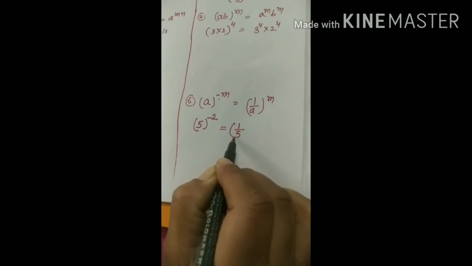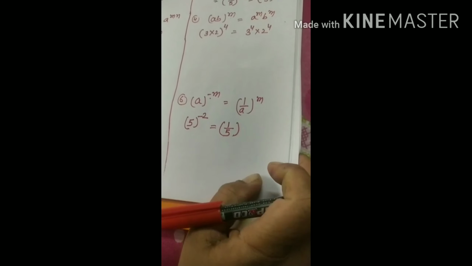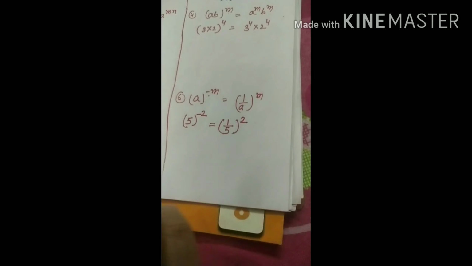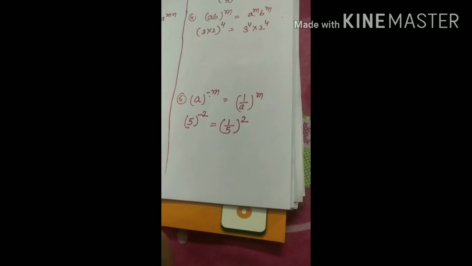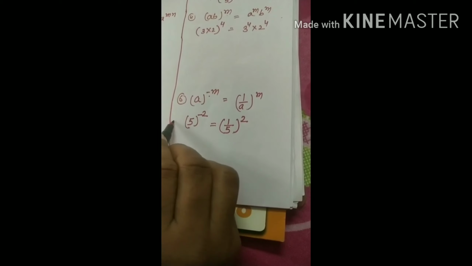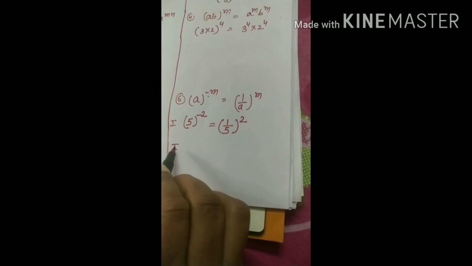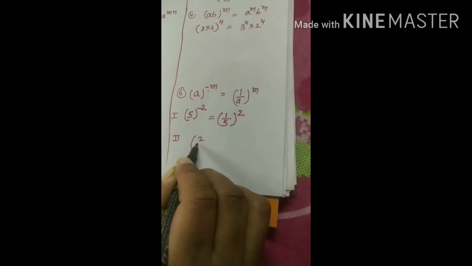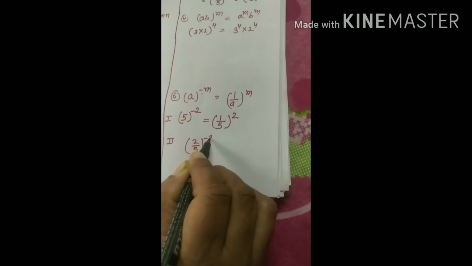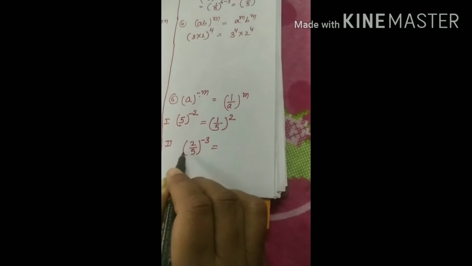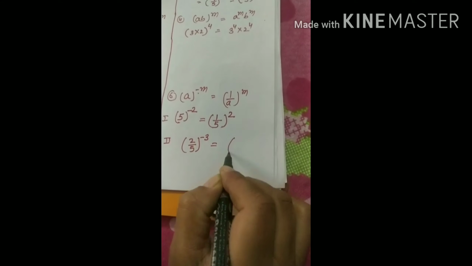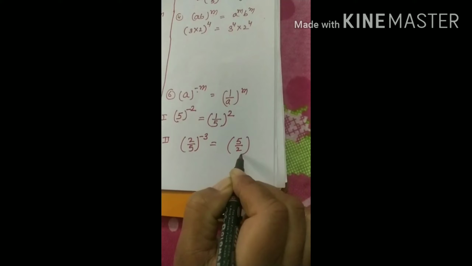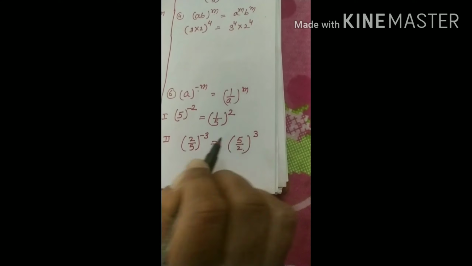So we will take the reciprocal of the base and write its positive power. Similarly, if you are given a rational number like 2 upon 5 power minus 3, we will find the reciprocal of the base and convert into a positive power.